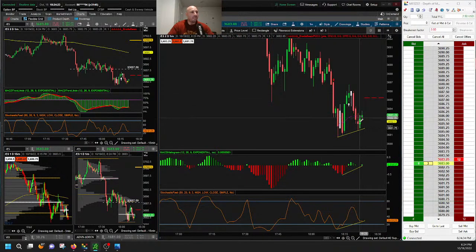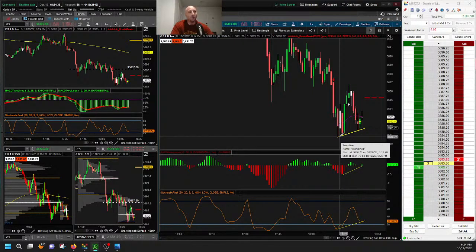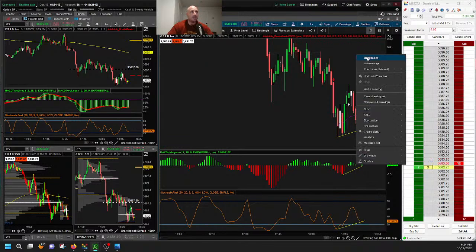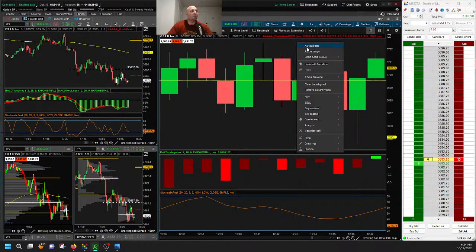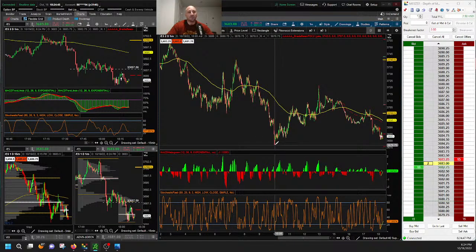Not saying that we can't come back down and take out the slow, but it's just something. We were in a waterfall, right? Now we're in a reverse waterfall. If we take out these lows, we're probably coming down, take out these lows, and the market will continue its bigger bearish trend lower to retest these lows down here.